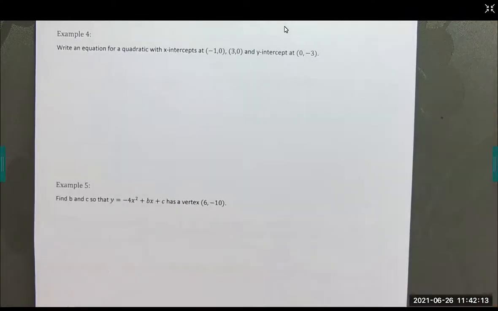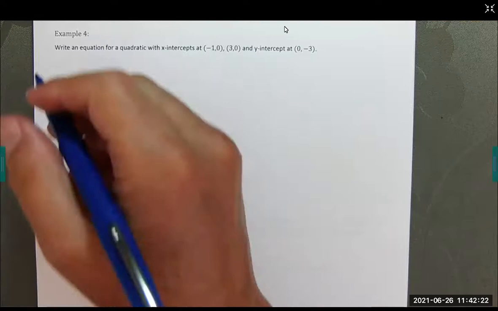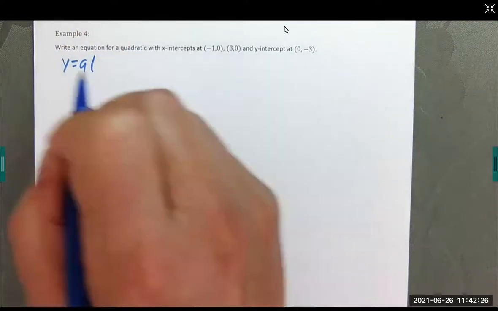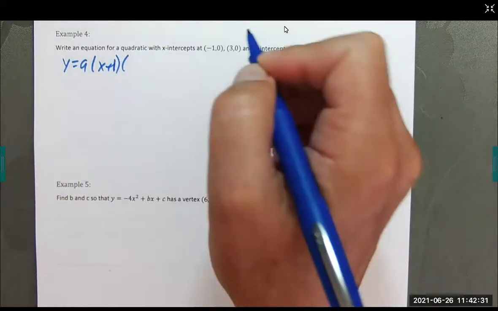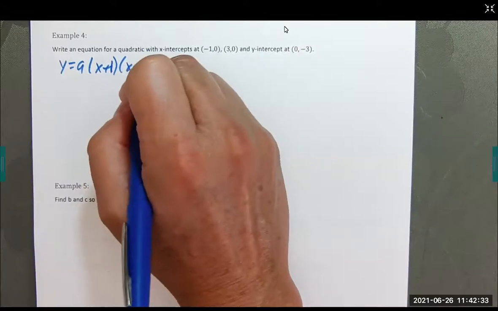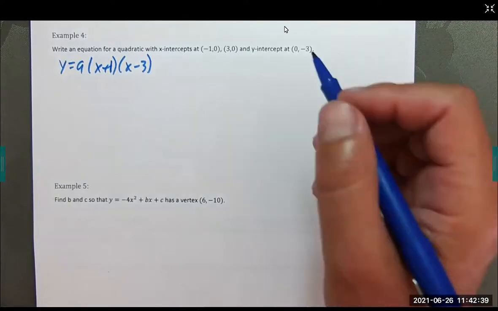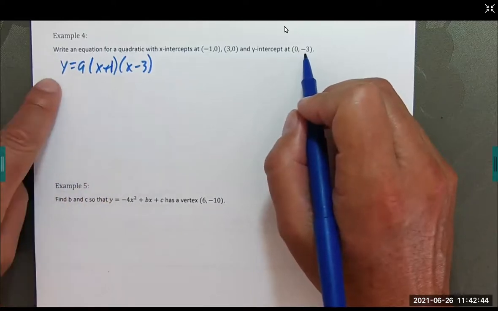So we're going to find an equation again with the y-intercept here and the x-intercept at 0, -3. So we already know that x plus 1 and x minus 3 are part of this. And so now what I can do is plug in 0 for x here and here, and -3 for y.